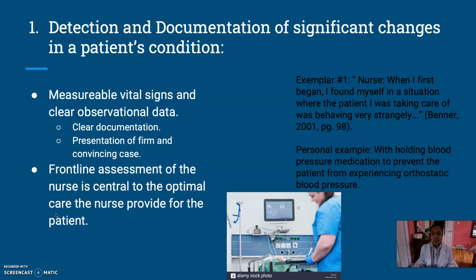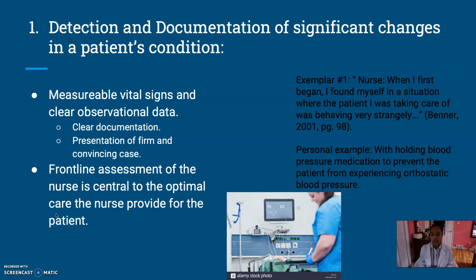So thereon, she learned that there needs to be clear documentation of vital signs and observational data so that there can be a convincing case that if there's something wrong with the patient, the physician agrees and there is something done for the patient quickly.